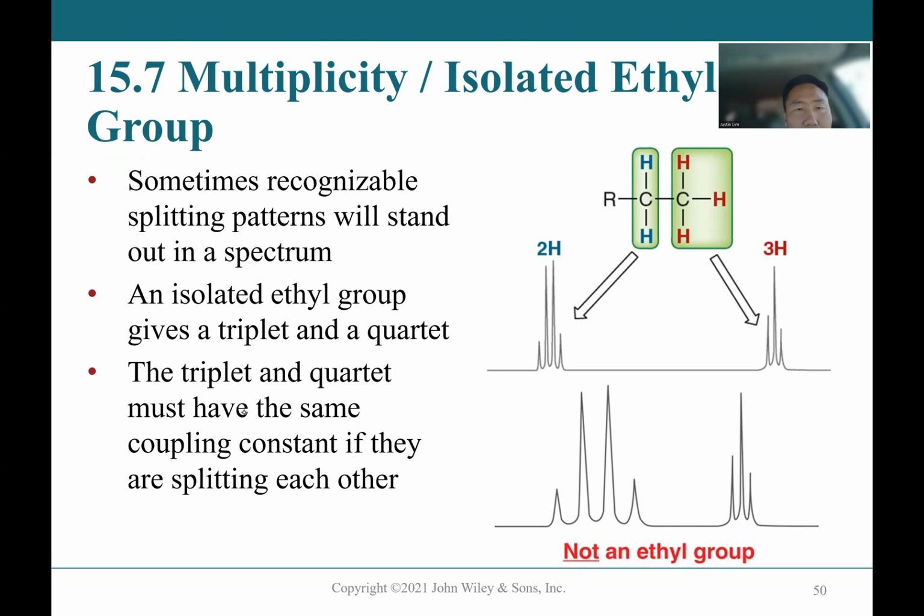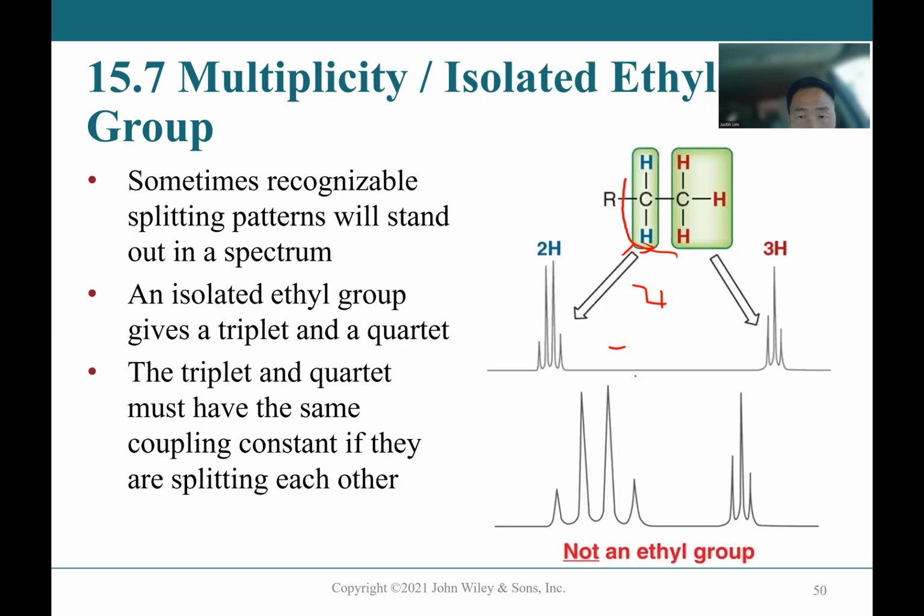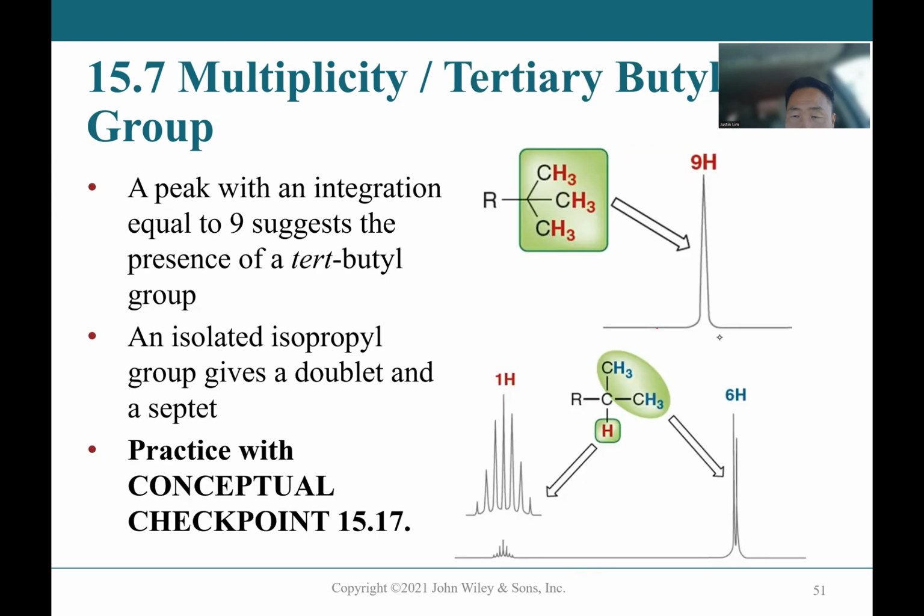Okay, so sometimes recognized splitting patterns will stand out in a spectrum. For example, the ethyl group. Splitting pattern of this proton: next to 3 hydrogens, so 3 plus 1 equals 4. So you can see a quartet. And on the right side, this proton: next carbon, there are 2 hydrogens.